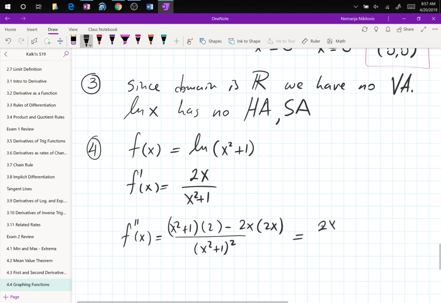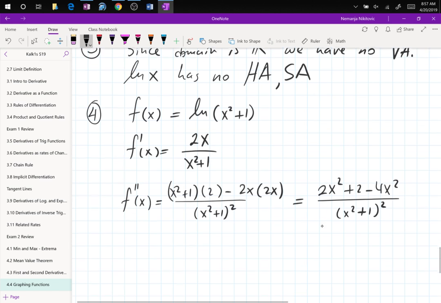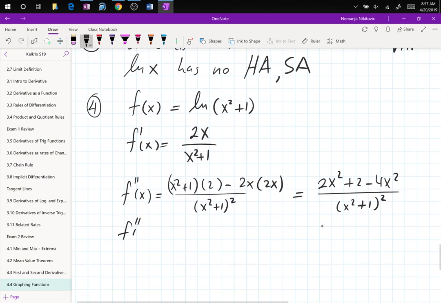So this becomes 2x squared plus 2 minus 4x squared, divided by x squared plus 1, everything squared. So the second derivative is given as 2 minus 2x squared divided by x squared plus 1 squared. And we need this for the first and second derivative test, which we covered last time.